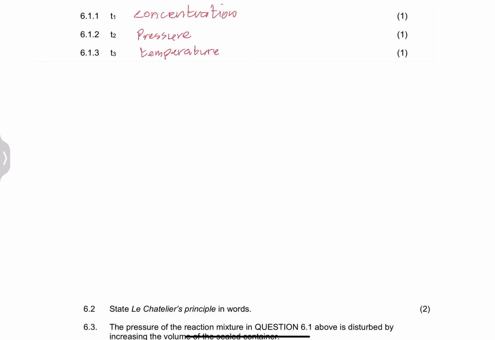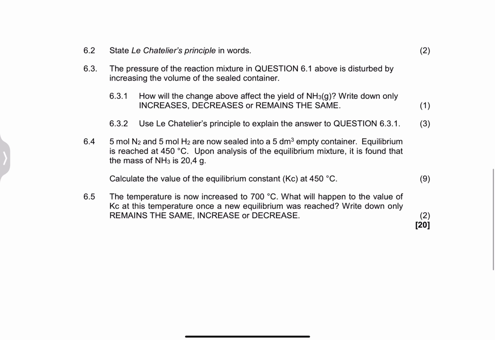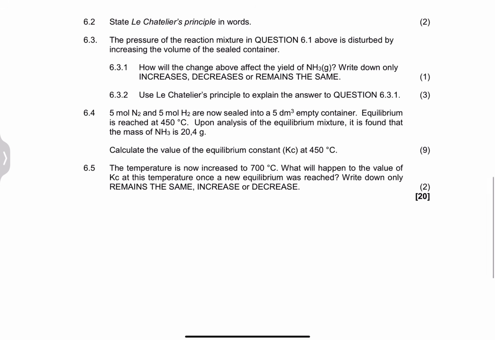Now let's go to the next question. Actually, I was supposed to answer that over there, but nonetheless. The next portion says, state Le Chatelier's principle in words. Remember, we say in a closed system, if one of the factors affecting equilibrium changes, then equilibrium will oppose the change and a new equilibrium will be established.